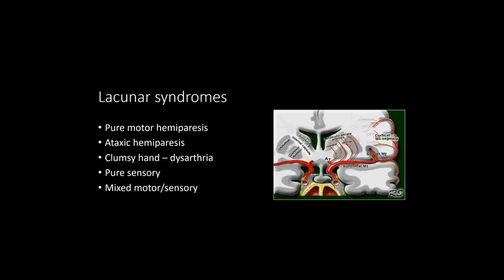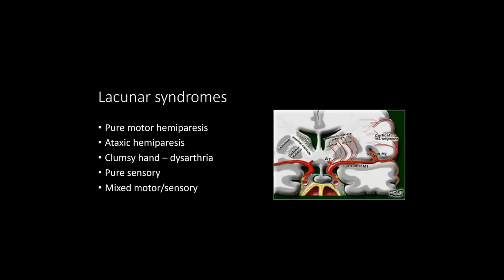The lacunar syndromes could be a talk on its own. These are deep, small vessel strokes that involve occlusion of these lenticulostriate, or these little small perforating arteries that are branches off of your MCA.